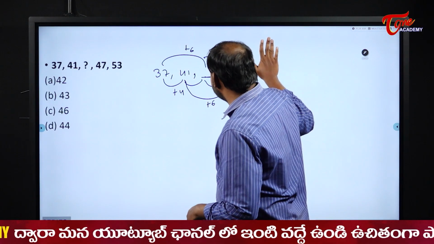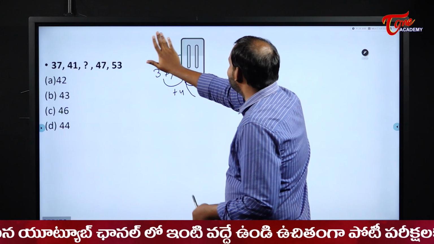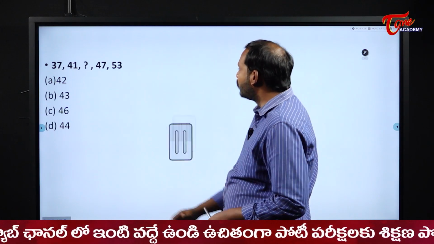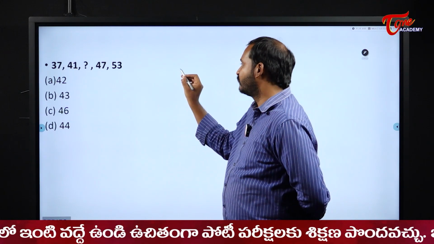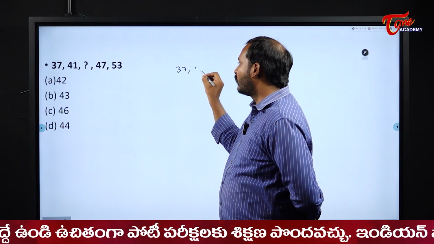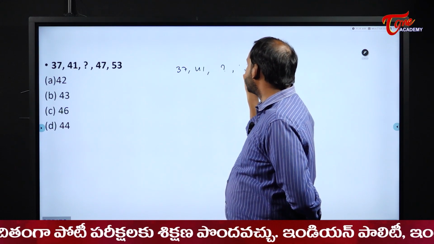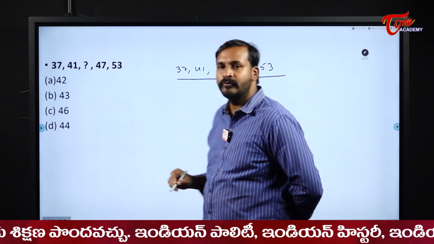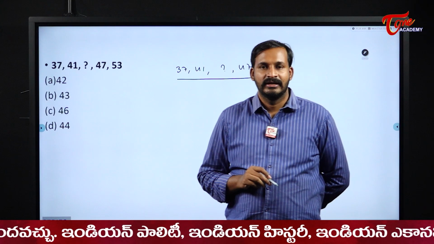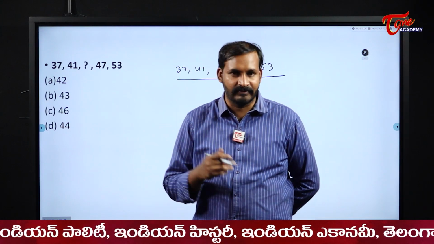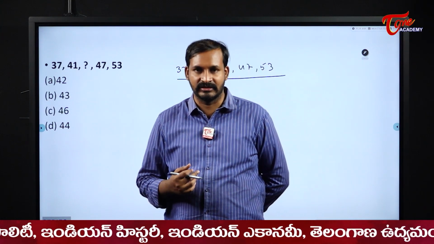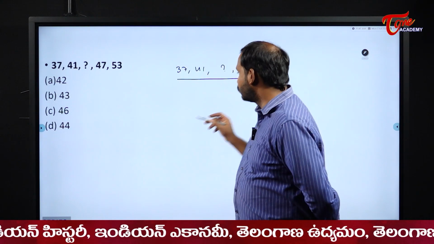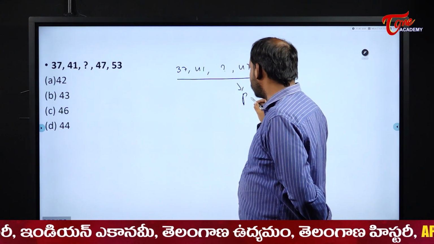Then actually, students, all these things are a waste of time. Why? What is the reason? If you observe carefully, 37, 41, 47 and 53, all these are what? Successive prime numbers. Not always only about addition, subtraction and multiplication; we also get questions based on prime numbers.